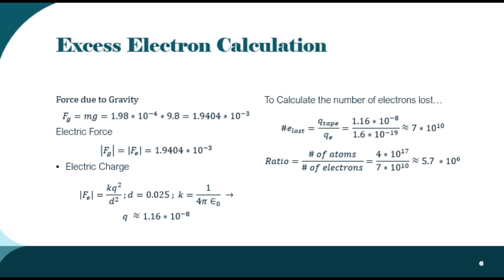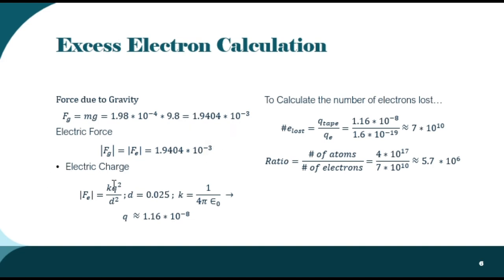I'm going to get into my calculations. The force due to gravity is mass times gravity. In this case, I used my mass found from the other section, 1.98 times 10 to the negative 4th times 9.8, and I got this value right here. Since the electric force has to be equal to the force of gravity, the magnitude is basically the same.